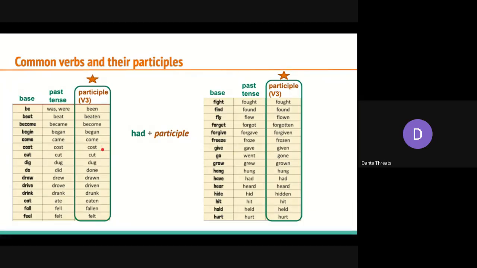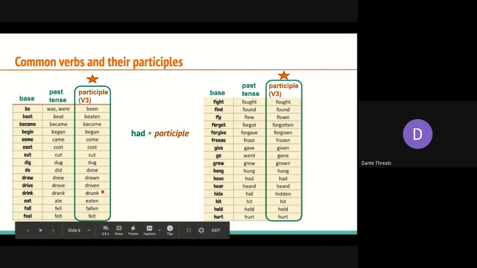Past participle for cost is cost. Cut, cut. Dig, dug. Do, done. Draw, drawn. Drive, driven. Drink, drunk. Eat, eaten. Fall, fallen. Feel, felt.